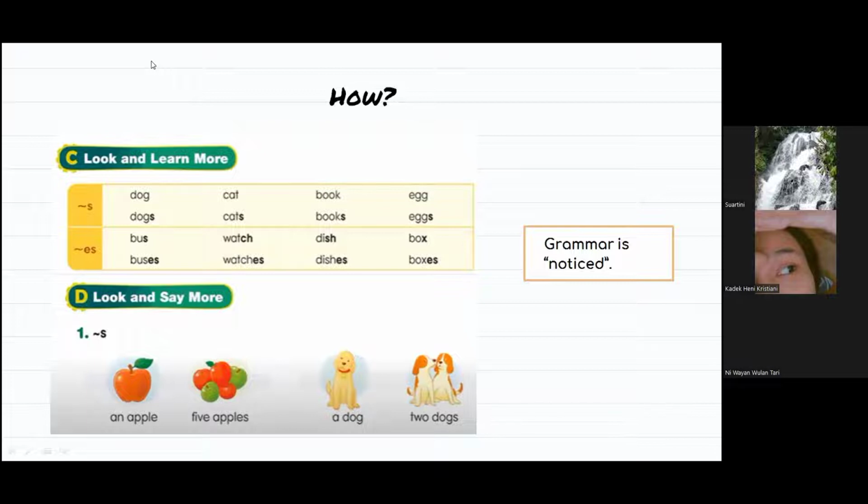Jadi di sana ada penekanan a pen dan 4 pens agar membantu mereka untuk notice the target structure-nya yaitu plural nouns. Dengan mereka ternotis bahwa ada perbedaan di antara kedua kata itu, mereka akan mulai memahami the target structure-nya yaitu plural nouns tersebut.